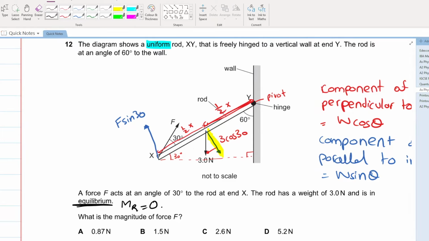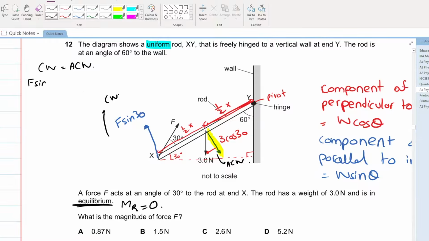So now this force F sine theta or F sine 30 will cause a moment of what? Will cause a moment of clockwise nature. This 3 cos 30 will cause a moment of anti-clockwise nature. Let's equate both of them. Clockwise is equal to anti-clockwise. What is the clockwise moment?